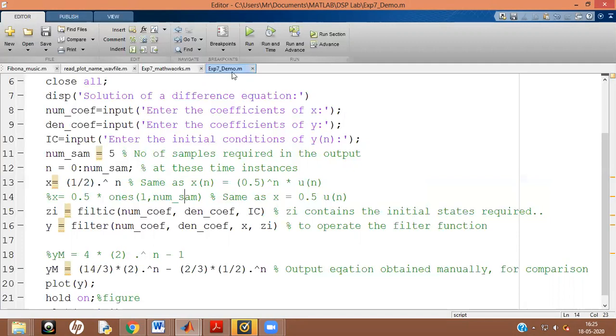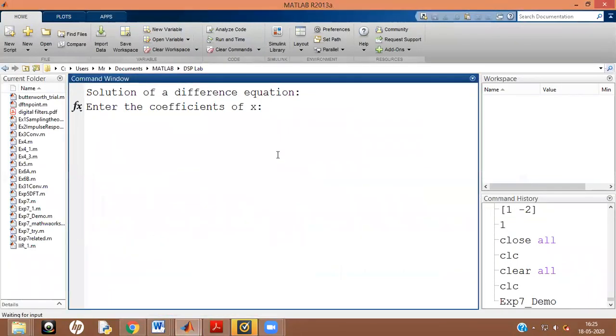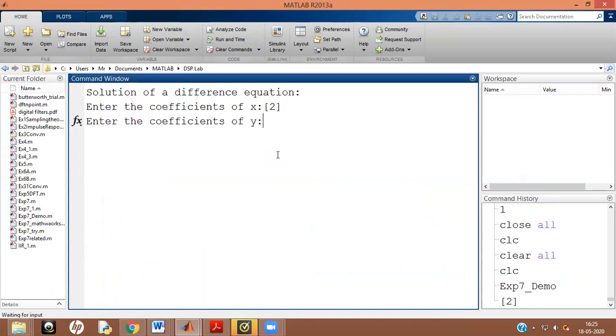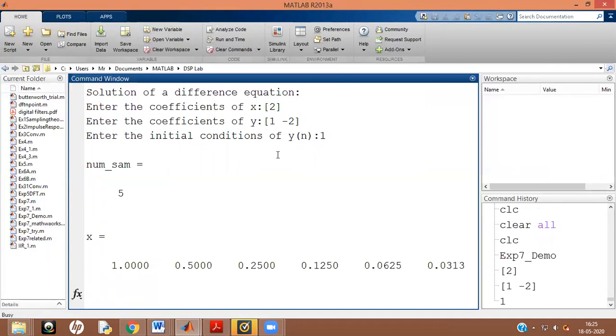I'm pressing the run command over here, and it is asking me to enter the coefficients of x. It's only two. x of n was there, and y was 1 comma minus 2, and the initial condition I'm giving 1.